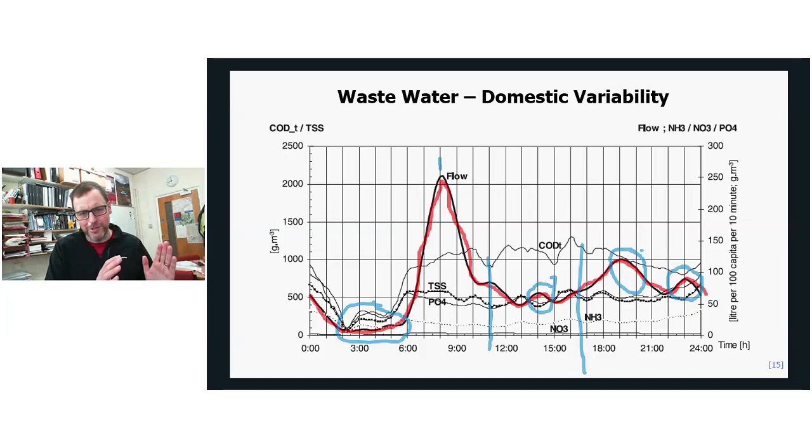Young people watching this video, students in particular, will be thinking that this isn't the life you lead. But once you leave university and get a job, this is the life you lead. You get up in the morning, you get washed, you go to work, you come back, you have something to eat, watch TV for a bit, and you go to bed. That's the routine, and that routine results in this discharge profile.